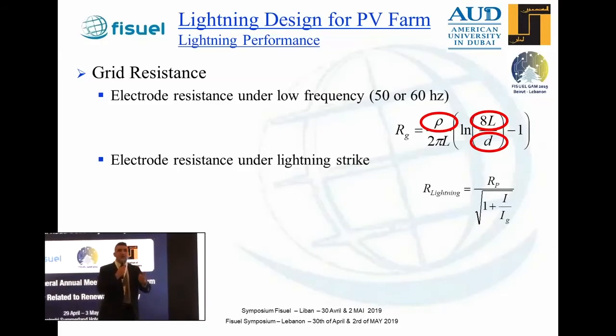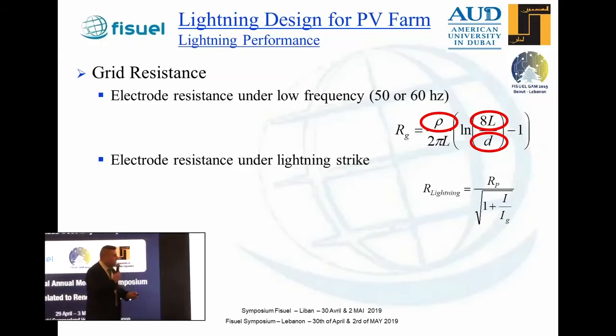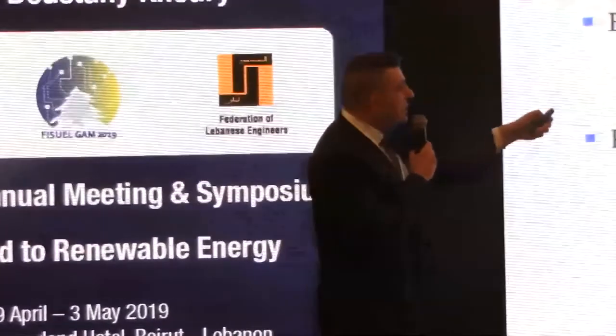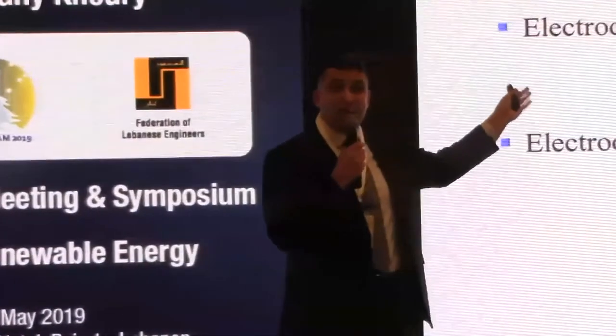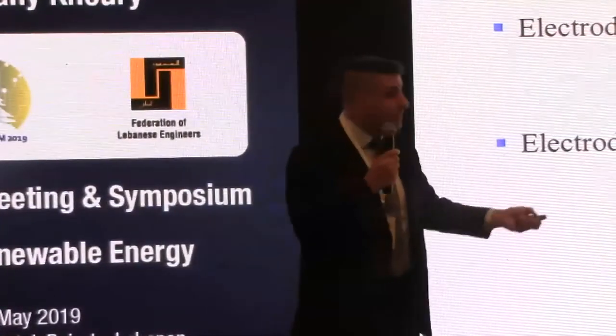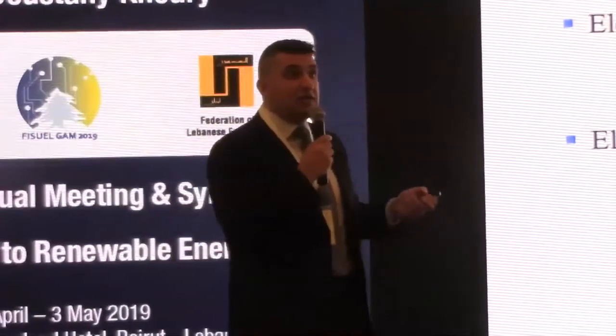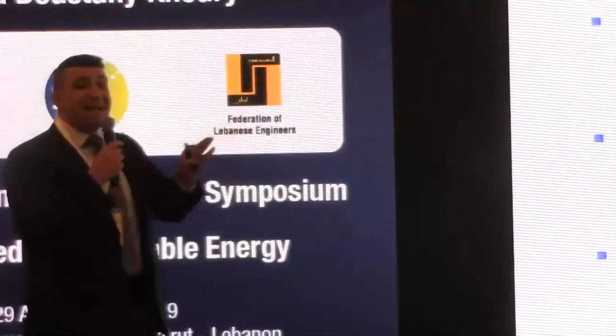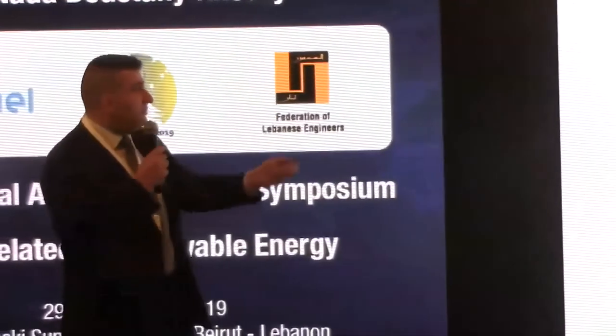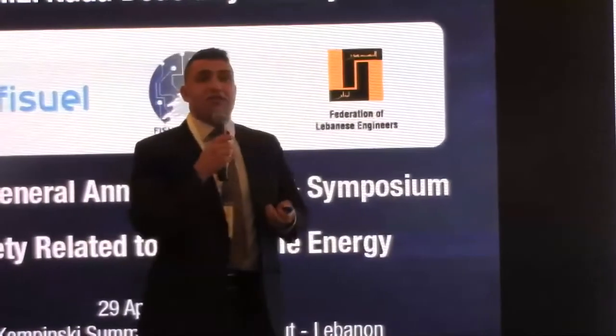Now I have a surge resistance or surge impedance. The surge impedance is related to RP, which is the low frequency resistance of the electrode, divided by the current. I is the magnitude of the lightning strike, and it is also related to IG, which is the current limit that initiates sufficient soil ionization.